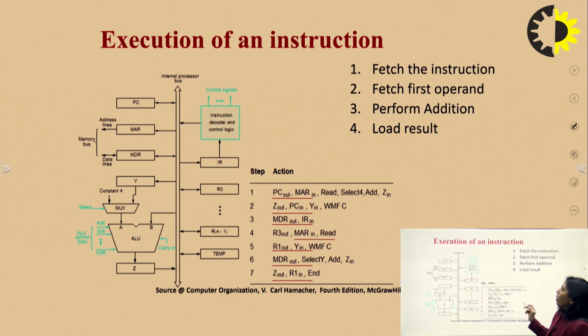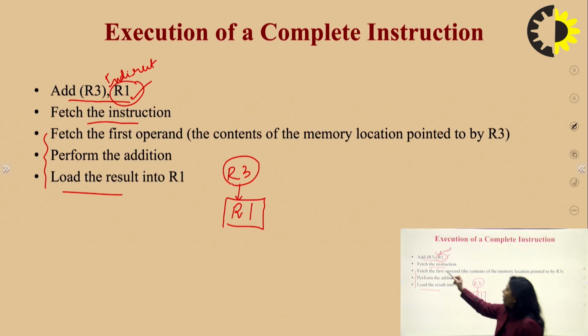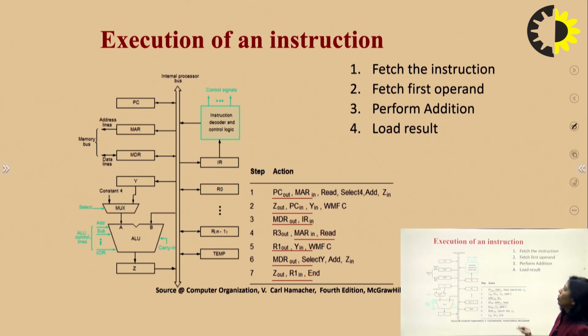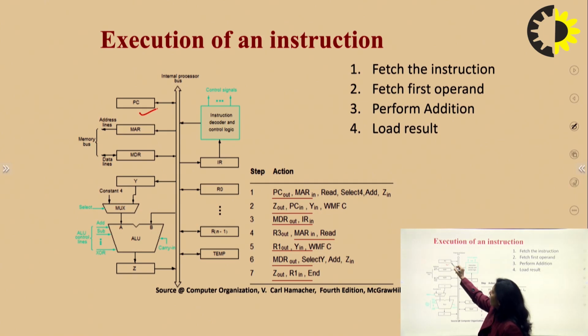Okay, now for the example that we have taken, that is add R3, R1, we will see how this whole process works. This is the case of a single bus organization. Here a single bus is there and it has all the components that we all know. For example, it has the PC, that is the program counter, memory address register, memory data register.